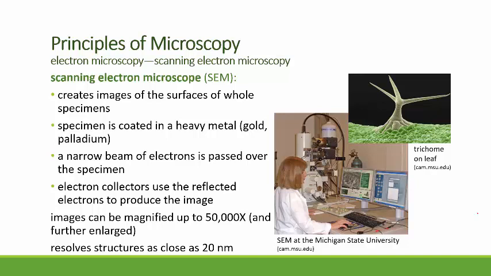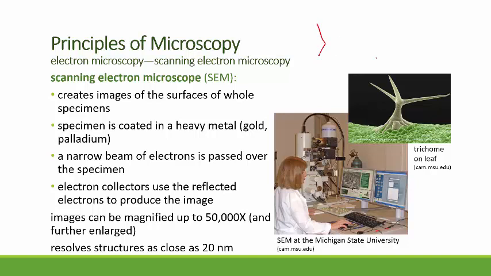So you take a killed specimen, coat it with a heavy metal like gold or palladium, and then you pass this very, very narrow beam of electrons across the specimen.